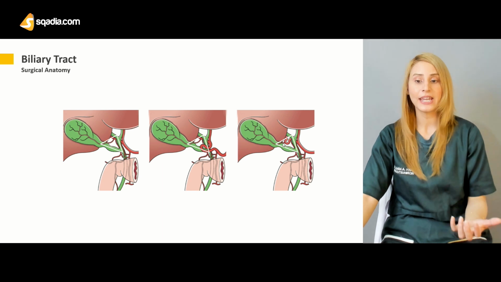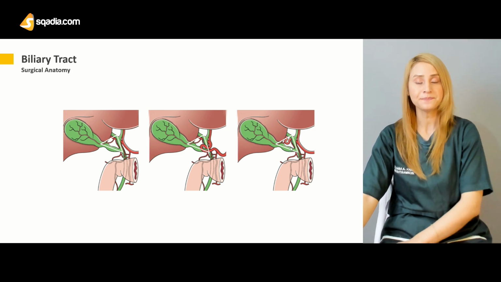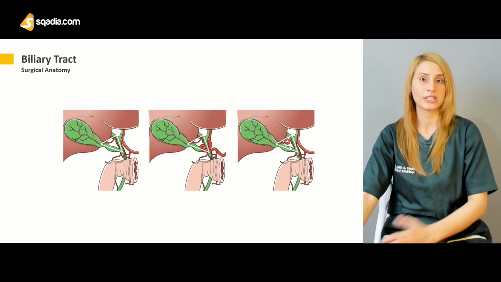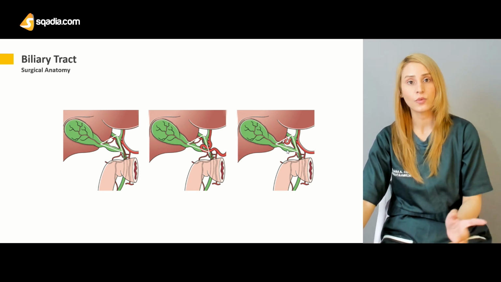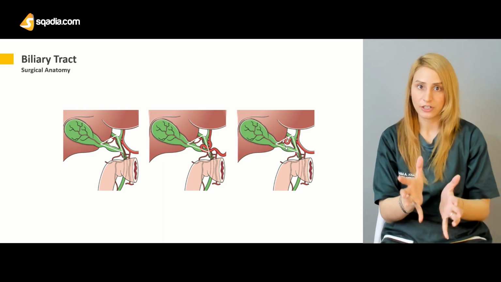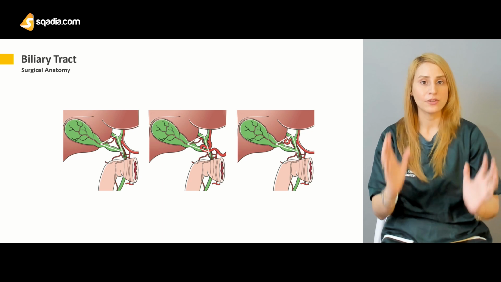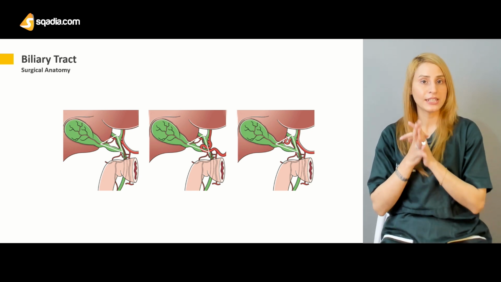Okay, so instead of ligating the cystic, you can ligate this right hepatic, and it can lead to decreased tissue perfusion and some functional distortion to the liver. So that's why it's important to know the important structures in Calot's triangle, its boundaries, and the anomalies you can encounter.